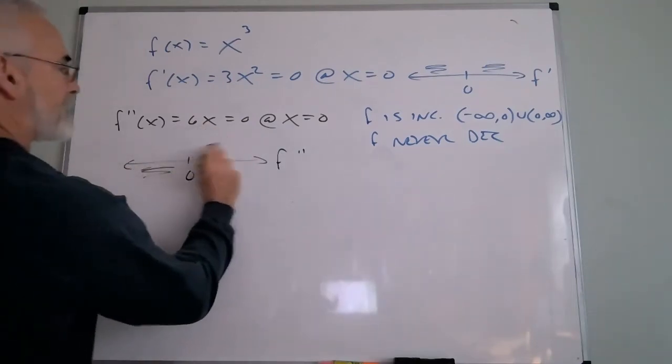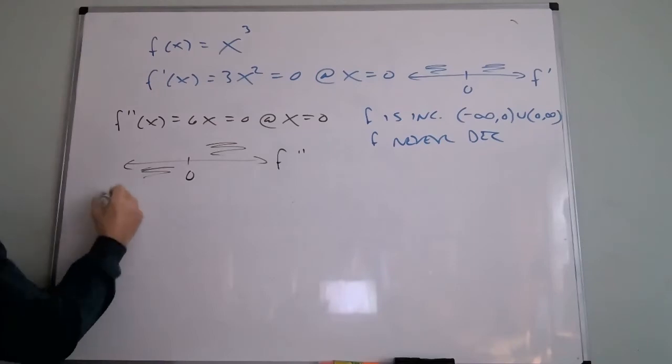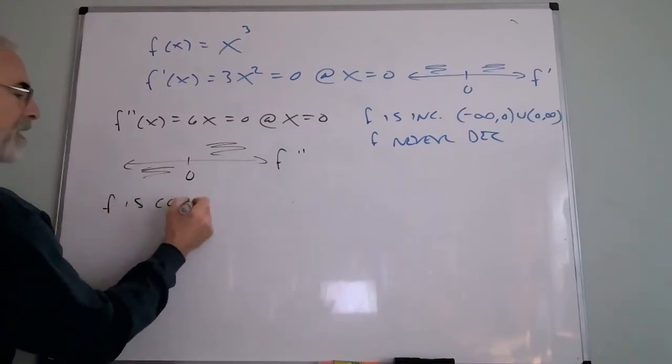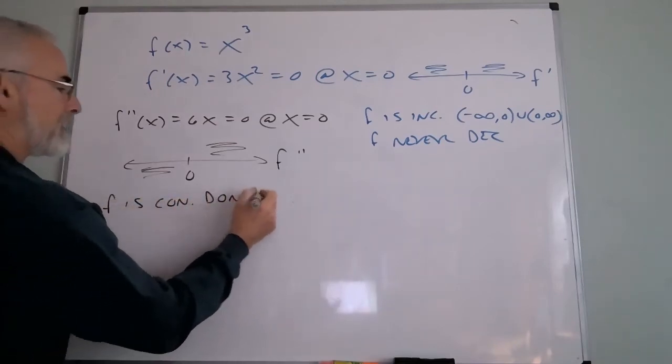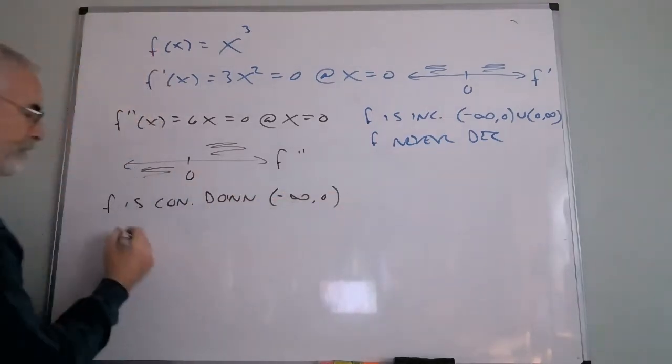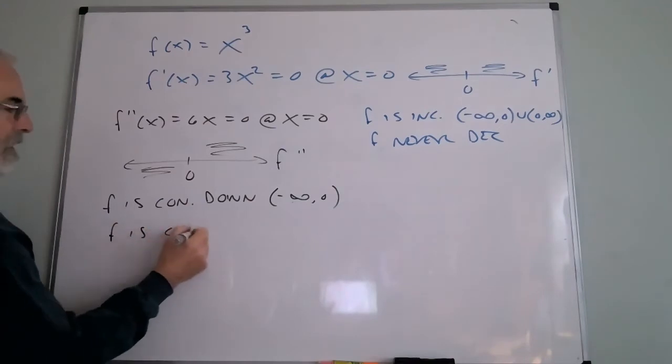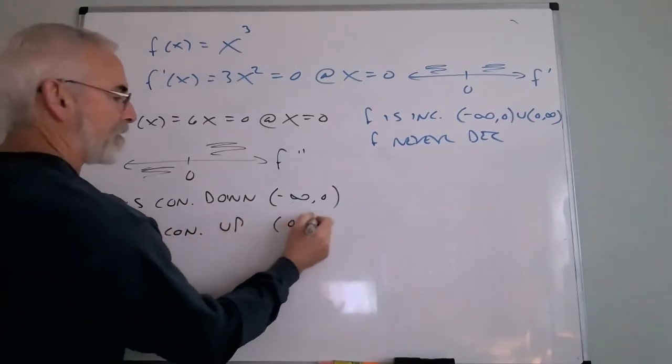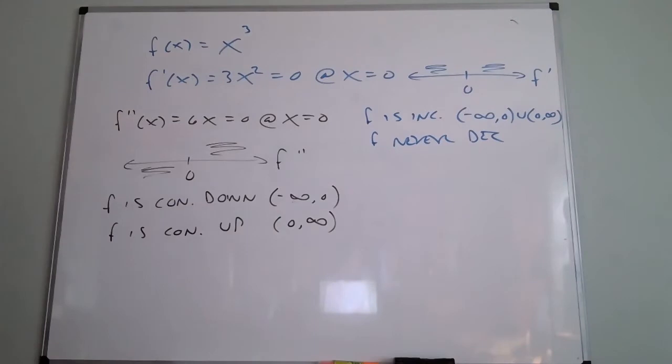To the right of 0, this is always going to be positive. So f is concave down from negative infinity to 0. F is concave up from 0 to infinity.